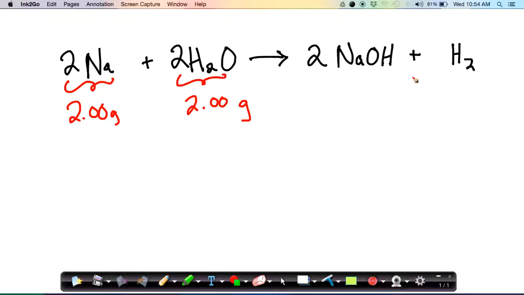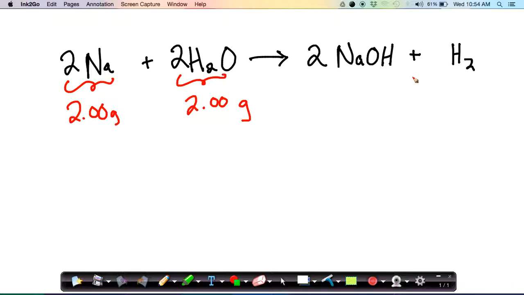So, highly unlikely that both of those amounts will be used up entirely in this chemical reaction. Highly unlikely that we have an exact stoichiometric ratio of sodium and water. More likely, one of those two reactants will be used up first, and then the other reactant will be left over. There will be some of it left after the reaction has run to completion.